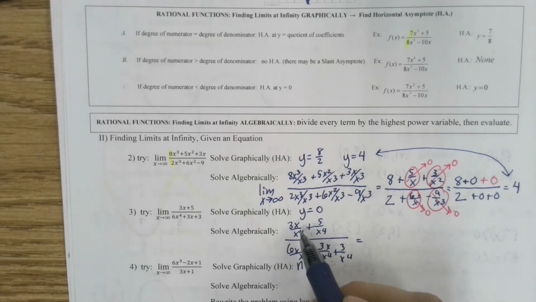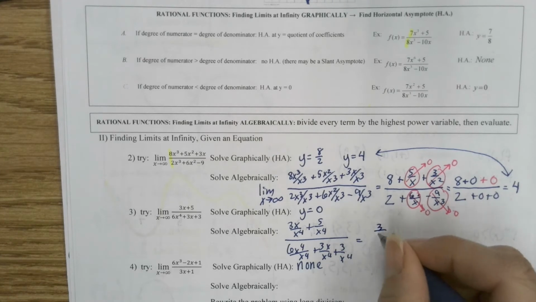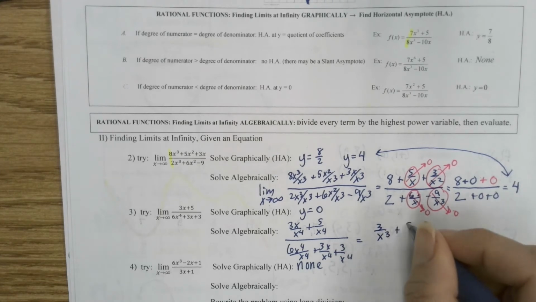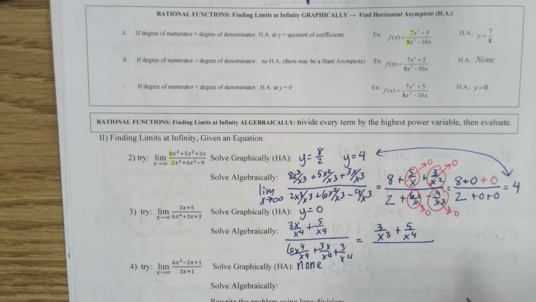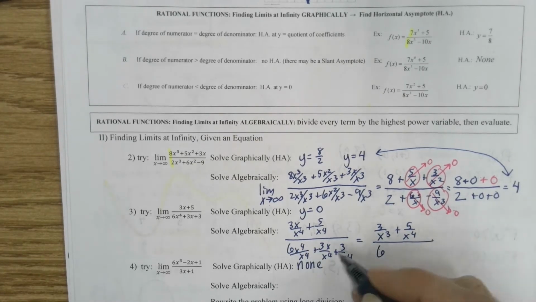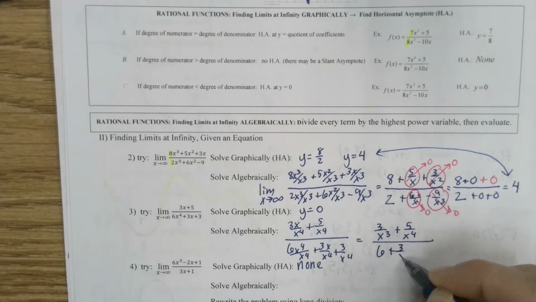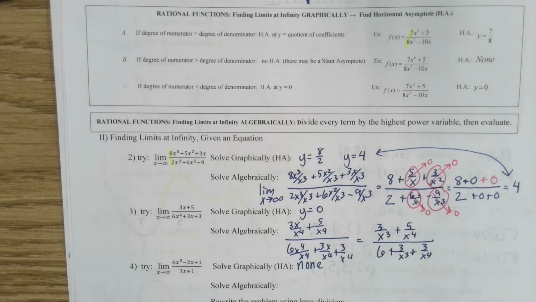And for my first term, that is going to simplify to 3 over x cubed. And I'll just carry over that 5 over x to the 4th. On the bottom, this will simplify to 6 plus 3 over x cubed plus 3 over x to the 4th.